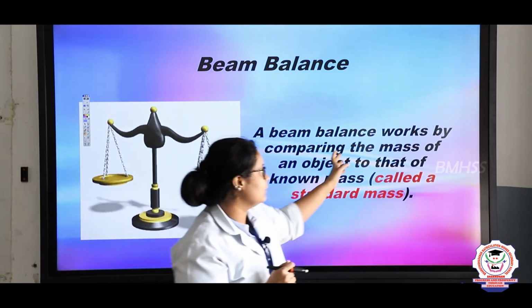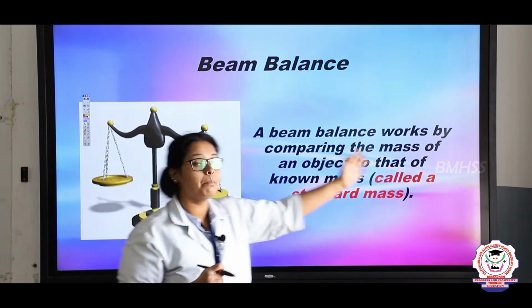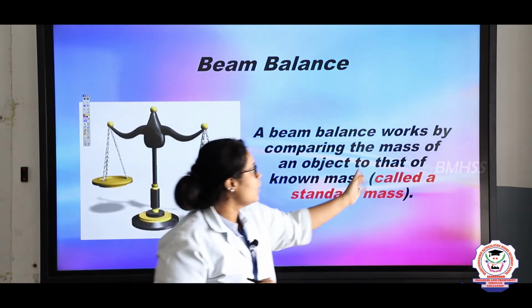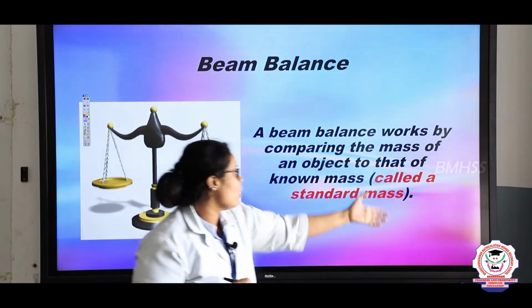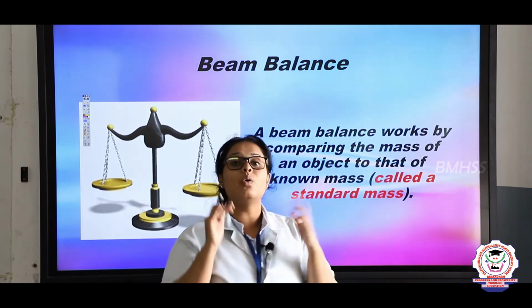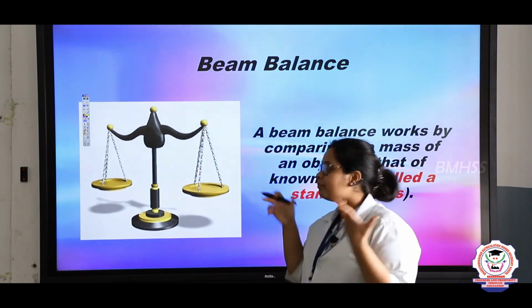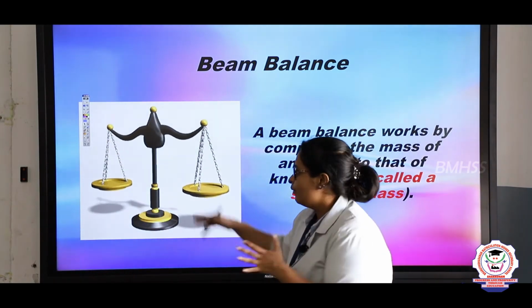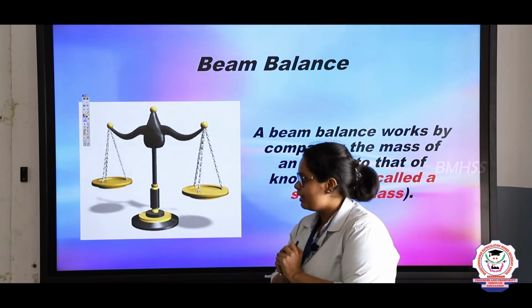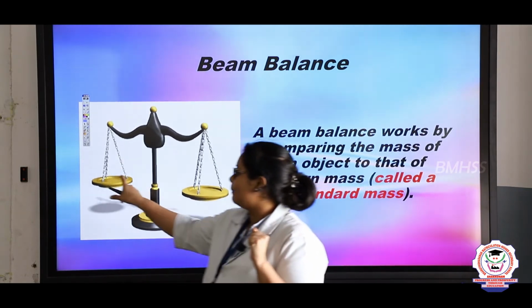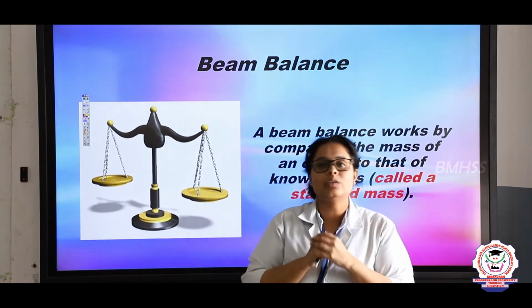A beam balance works by comparing the mass of an object to that of a known mass called the standard mass. So in ancient times, people used to have a particular type of instrument which looked like this, right? For example, you need 12 kgs of banana.